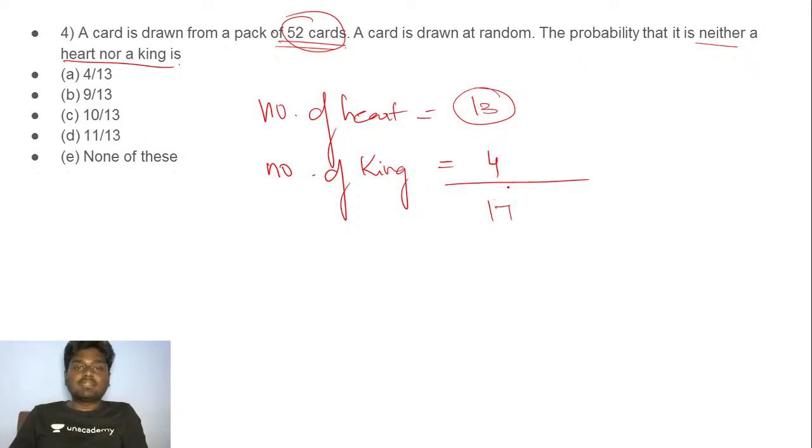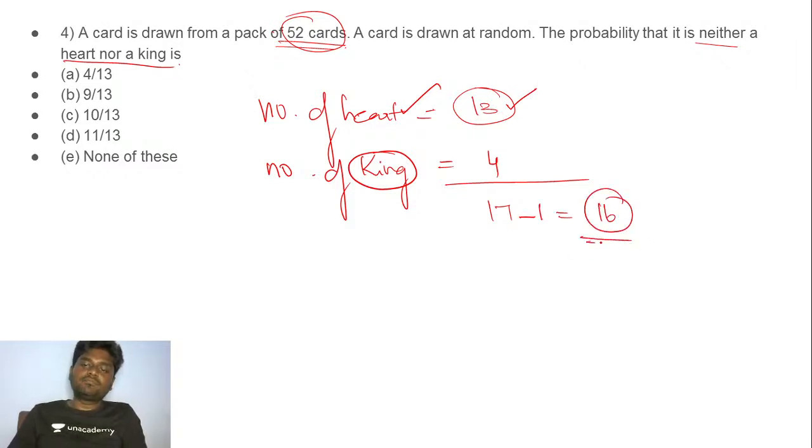But try to understand that 1 king will already be there in the 13 hearts which you are taking. So we need to do minus 1 here. So it's going to be exactly 16. So we have the total number of hearts and kings to be 16.